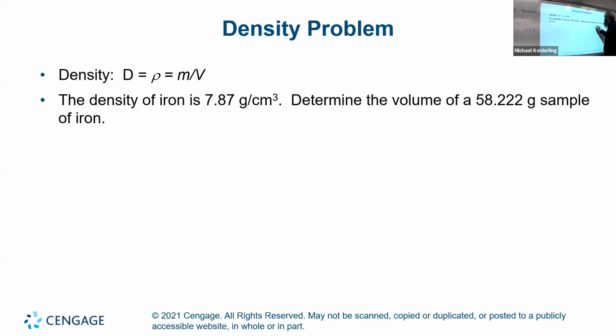So density is mass over volume. If we want to find volume, we're going to do a little algebra. We multiply both sides by volume. We get density times volume equals mass. And then we can divide by the density.